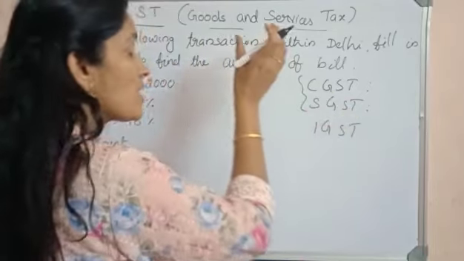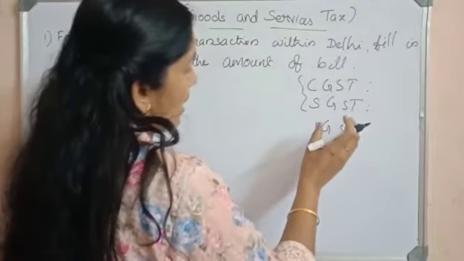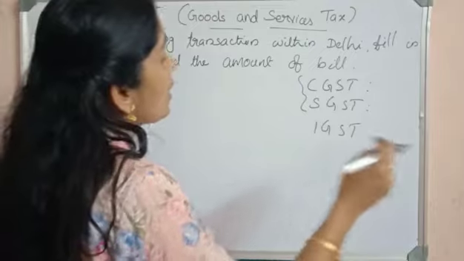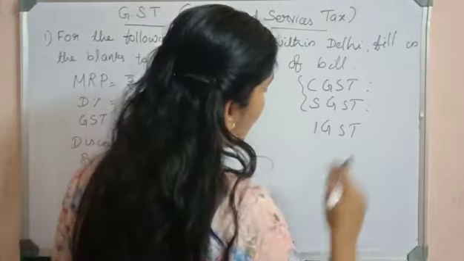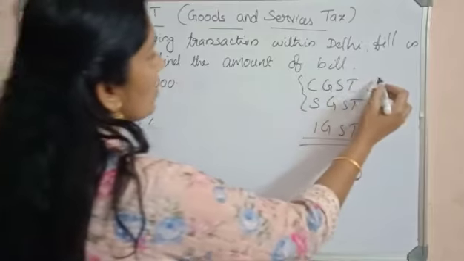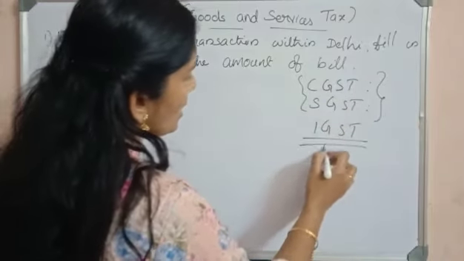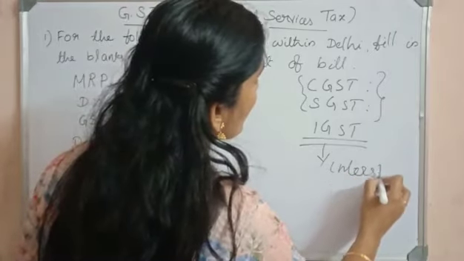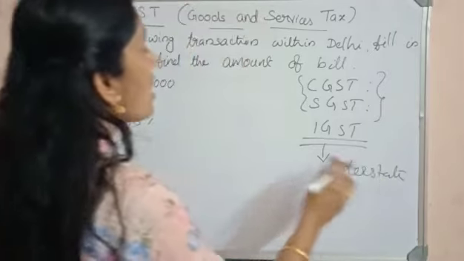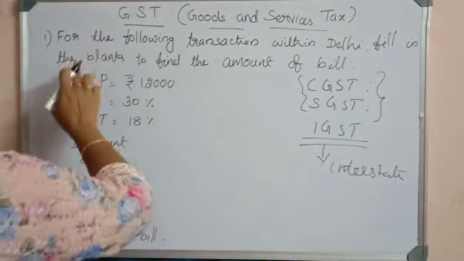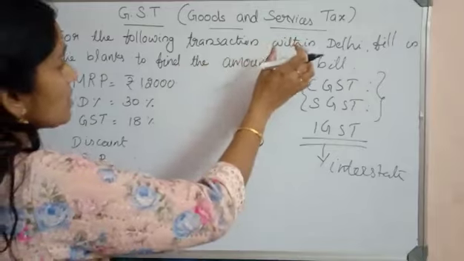And when the transaction is taking place from one state to another state, IGST is calculated. CGST and SGST apply within the state, that is intrastate, and IGST applies for interstate transactions.